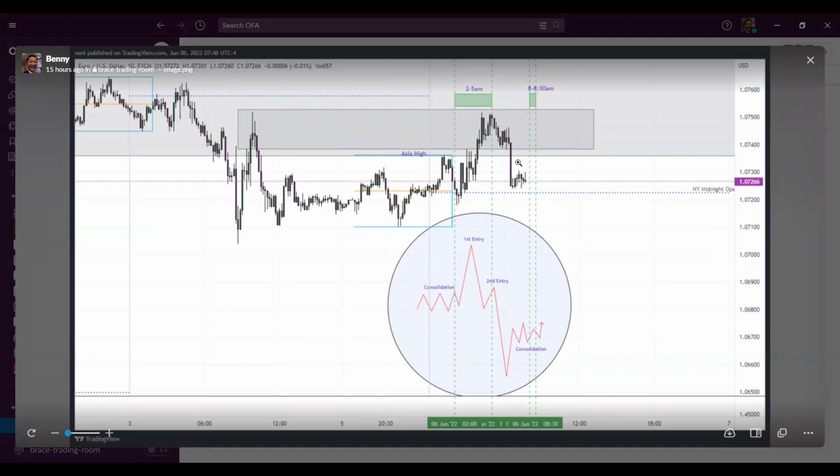And now we are entering the New York session for a potential second entry. So at this area, you can actually take your profit and be happy about it. Usually in the New York session we see some kind of pullback before it continues to go lower, and eventually profit taking, going back to consolidations.